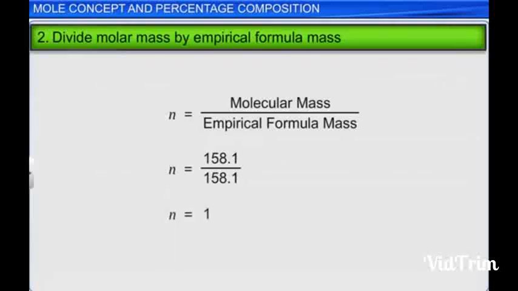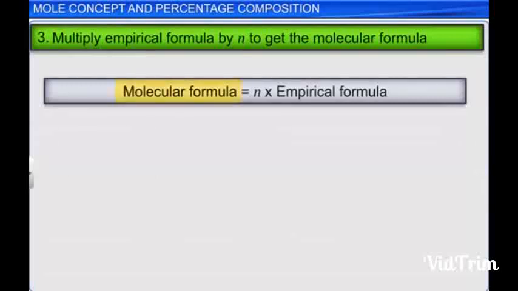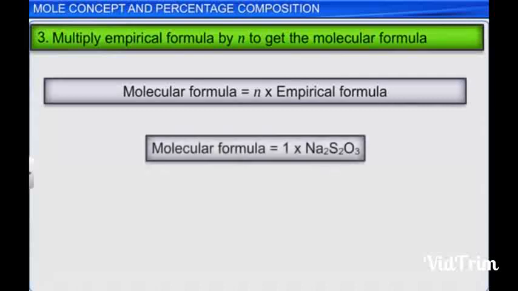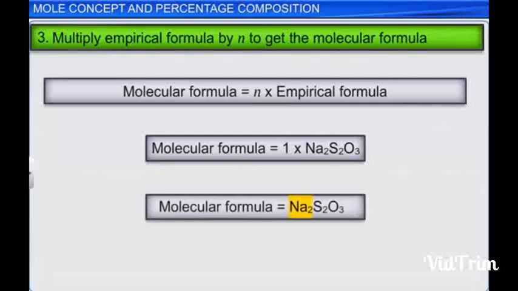Then, molecular formula of a compound can be determined by multiplying empirical formula of the compound with N. In this case, the molecular formula will be the same as the empirical formula. That is, Na2S2O3.